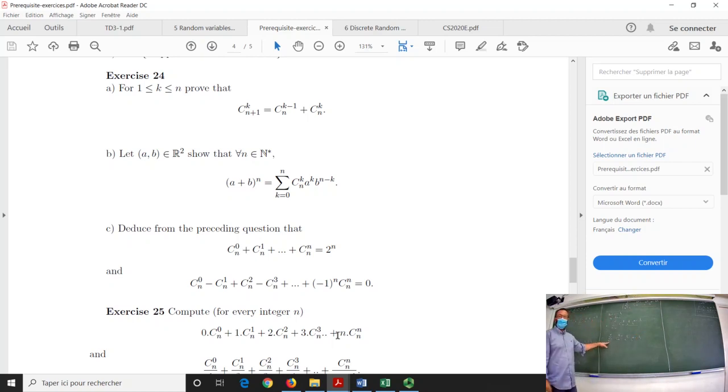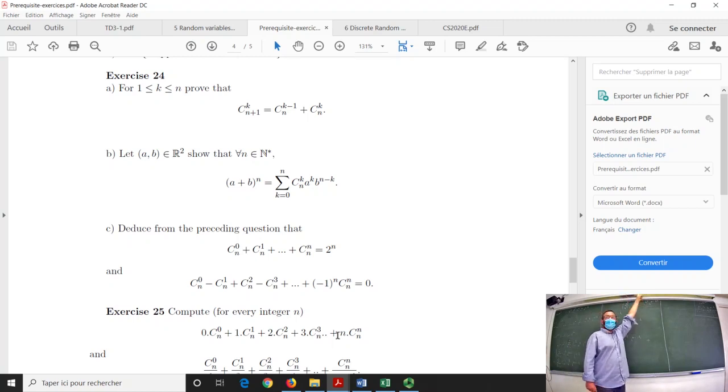But if I do this, I miss the term for k equal to n plus 1. And what is this term? For k equal to n plus 1, I have c n n, that is equal to 1.